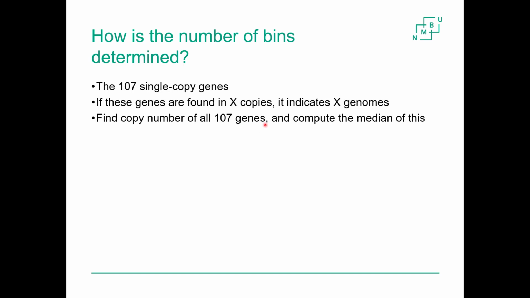But if you have sampled a very strange and different community, for instance some soil or some water, sea floor sediments or something like that, which probably contains a lot of new organisms that we haven't seen before, then you can replace this 107 with the 40 genes that are even more conserved than these 107. But the idea is the same.